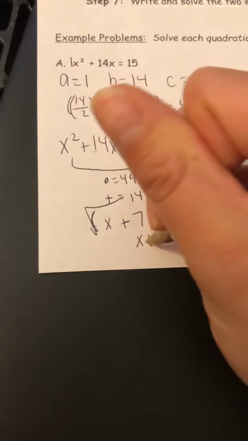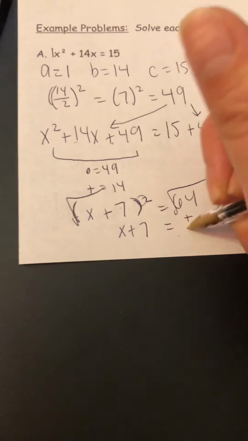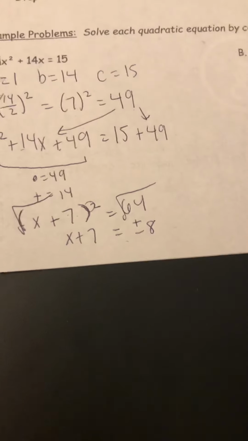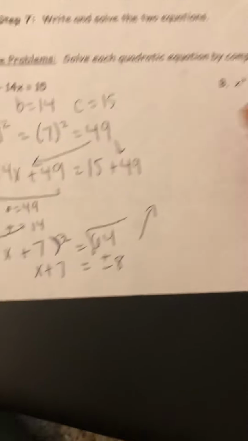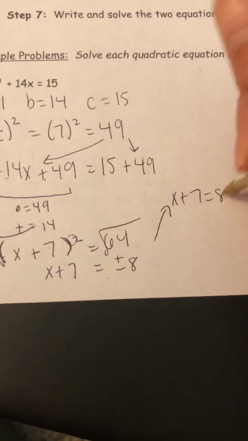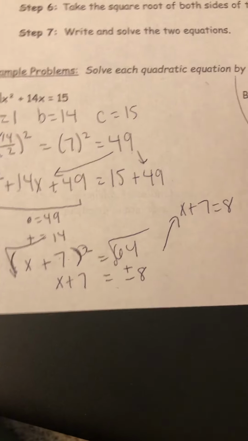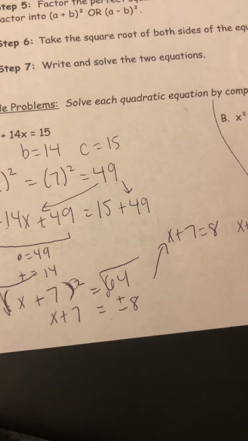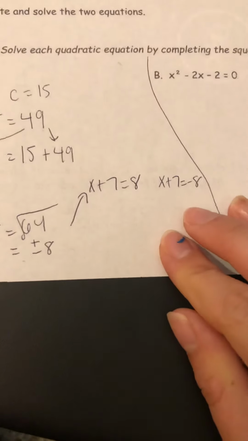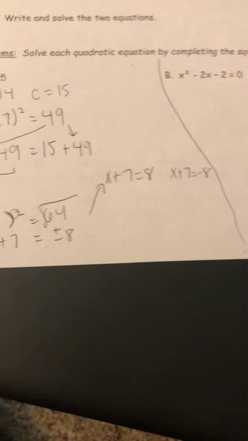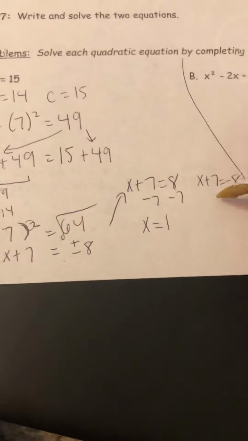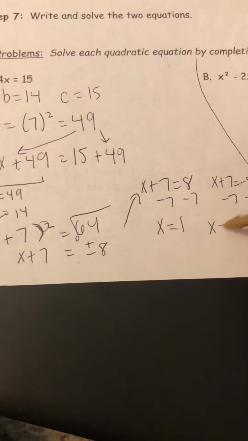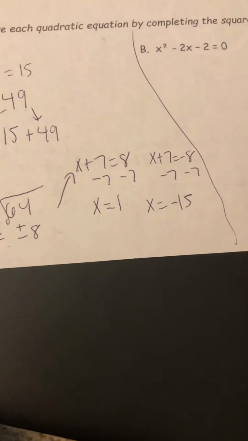So I have x plus 7 is equal to plus or minus 8. And then I need to set x plus 7, I'm going to do it up here, I have more room. X plus 7 equals positive 8. And x plus 7 equals negative 8. Subtract 7. You get x is equal to 1. Or x is equal to negative 15.